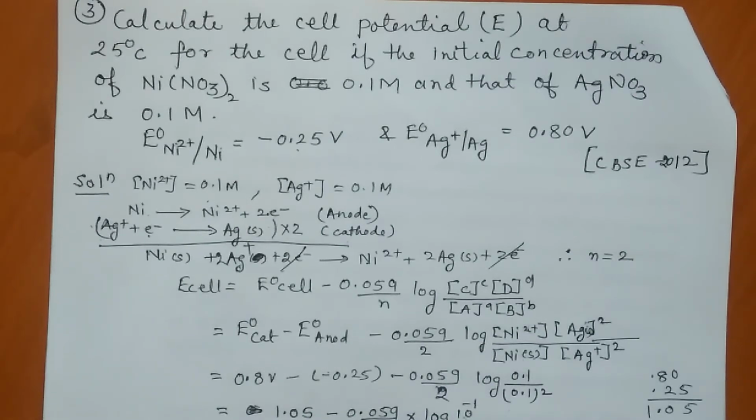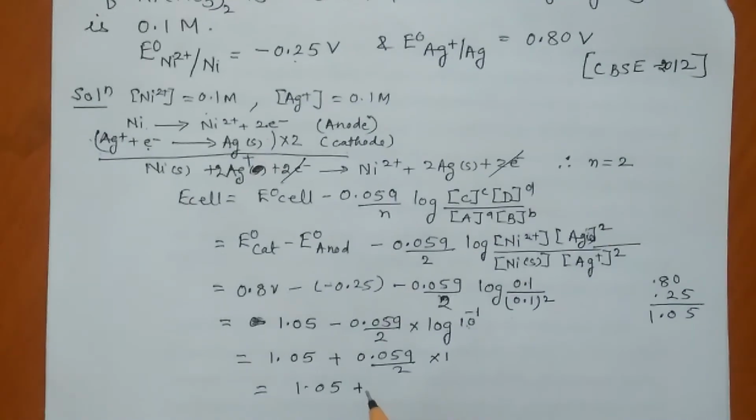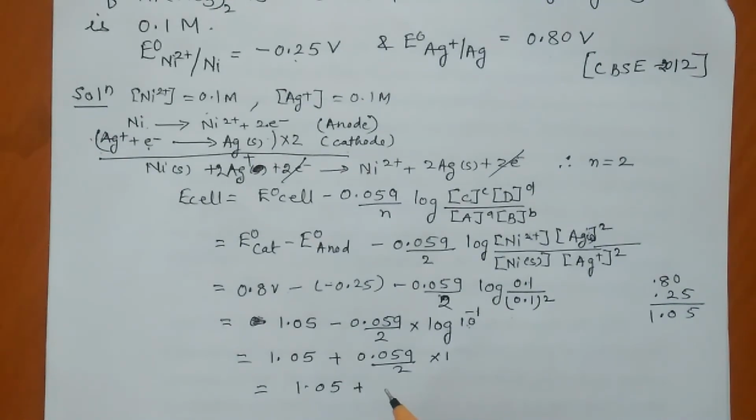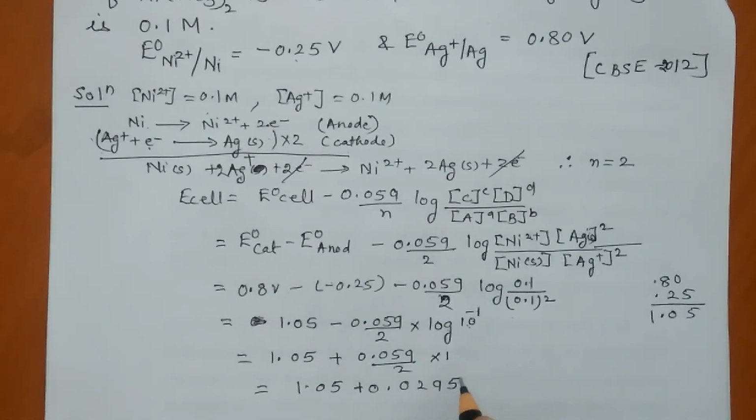So in the next step you get the answer as 1.05 plus 0.059 by 2 into log 10, which becomes 1. So the answer is 1.05 plus 0.0295, which is equal to 1.0795 volts. This is the answer.